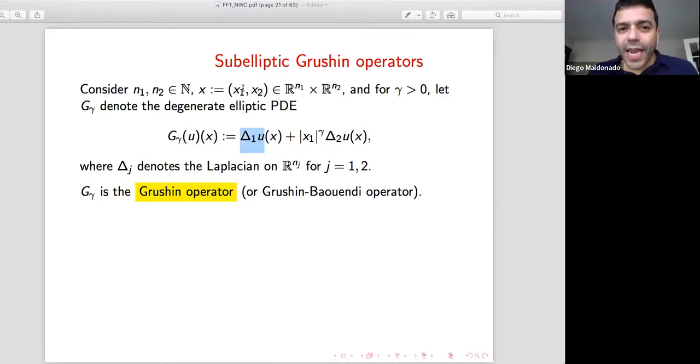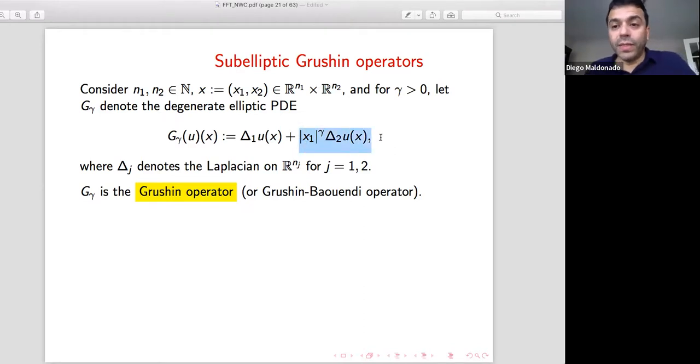On the first n1 dimensions, that's going to be just the Laplacian. And then the Laplacian 2 is the Laplacian on the second part of the dimension, so n2. But here you're going to put this weight. So you see that when you get close to x1 equals 0, this term starts being degenerate. It collapses. When x1 is 0, this part, we don't see it.